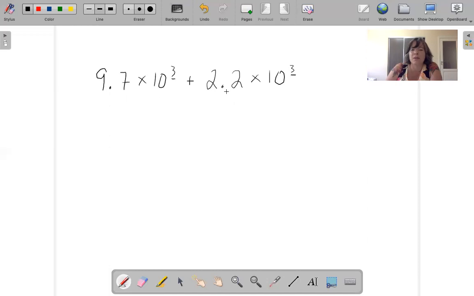So all I have to do is add these. 9.7 plus 2.2 is 9, bring down my decimal, 11.9 times 10 cubed. Simple, right? Simple. Wait for the next step.